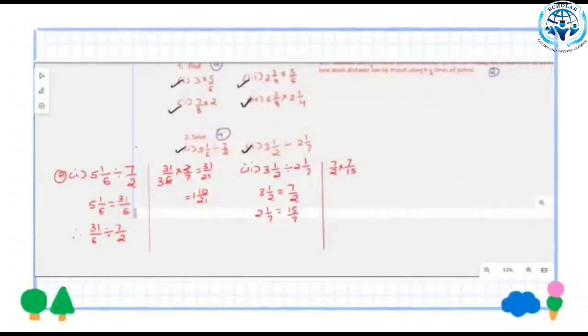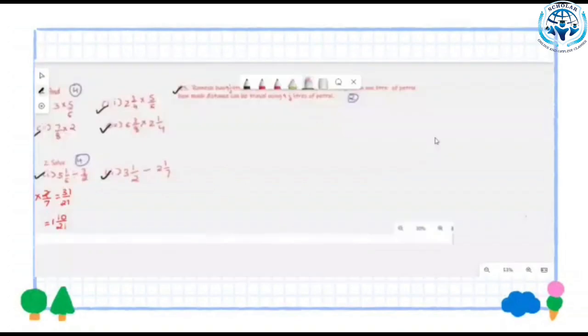If the answer is an improper fraction, we will again convert it into a mixed fraction. I hope you have understood the concepts and done all the sums right. If not, do not panic. Watch the videos again, practice and test yourself.